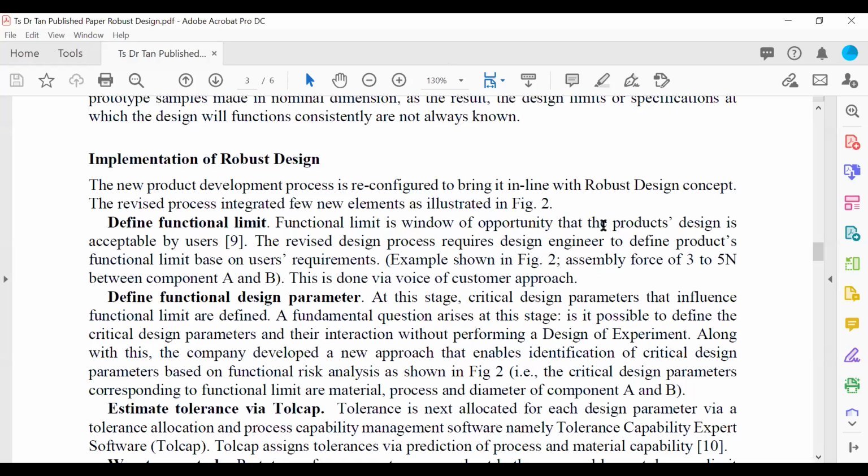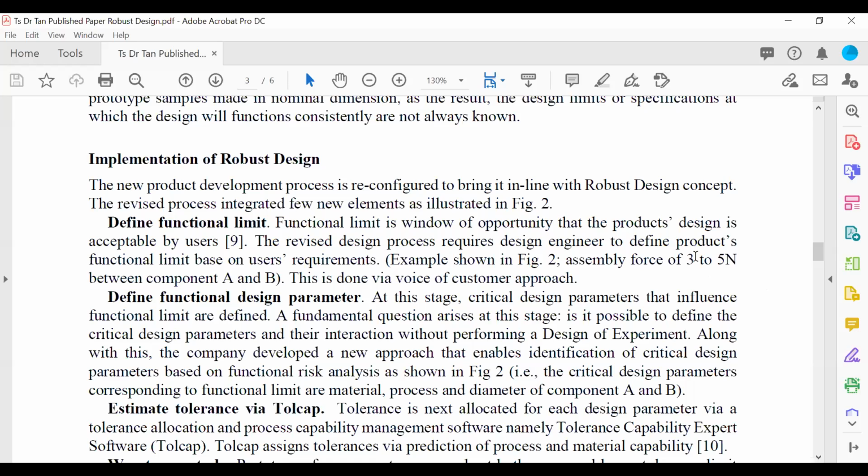So I did a study and concluded that the assembly force will be from 3 to 5 Newton between component A and B, quite easy. So this is system design. In this example, the system is to insert component A into B and take it out.